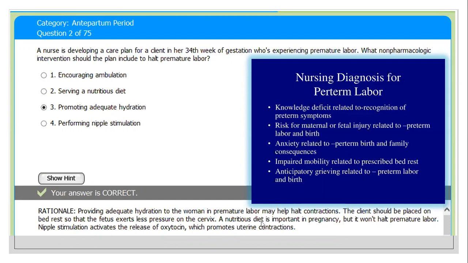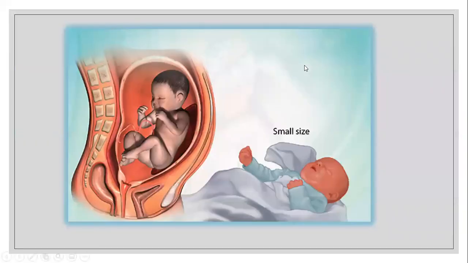A nutritious diet is important in pregnancy, but it does not alter premature labor. Nipple stimulation activates the release of oxytocin, which promotes uterine contractions. In the picture we can see that in the case of a preterm baby, the baby's size should be normal. Sorry, should be small.